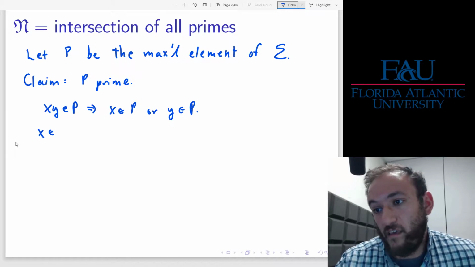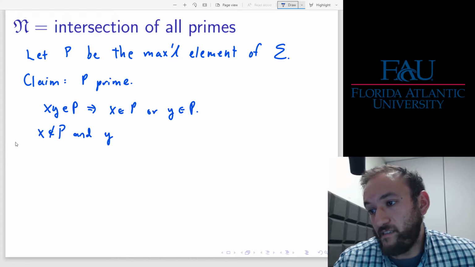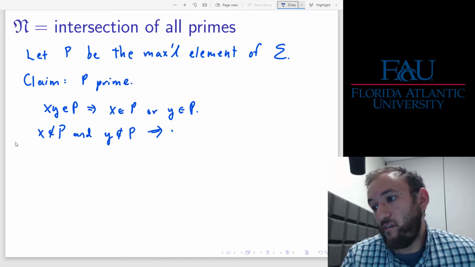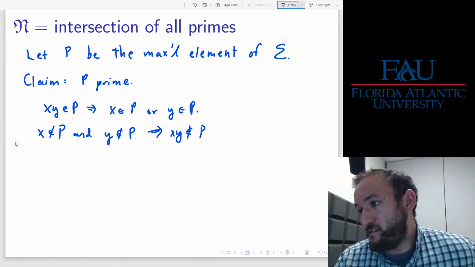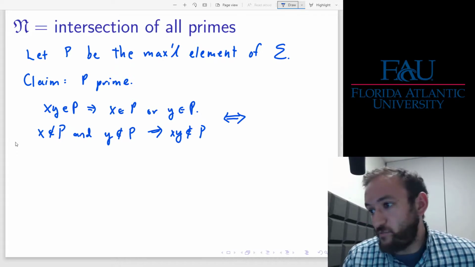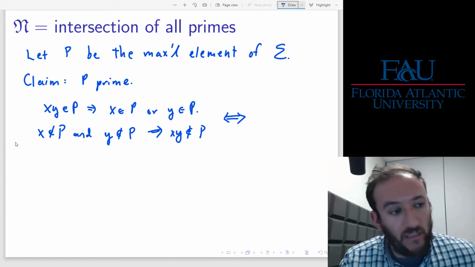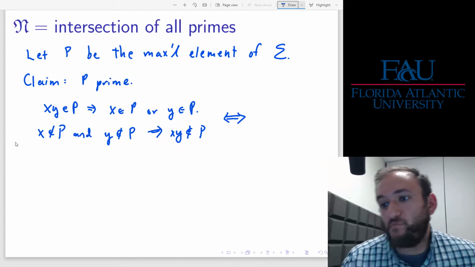So if x is not in P and y is not in P, then that will imply xy is not in P. And these two statements are equivalent since they're basically contrapositives. And we're going to use the latter to prove that this P is prime.